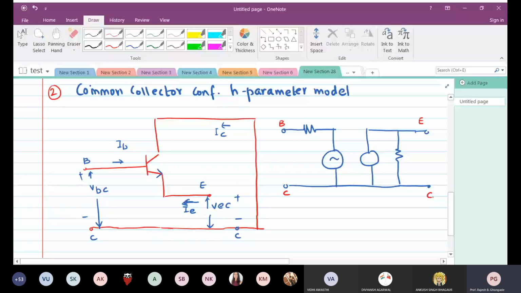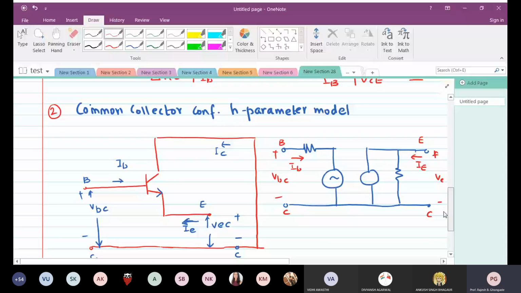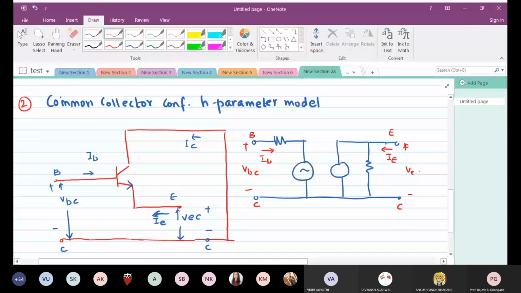The current flowing here is IB, the current flowing here is IE. Then I have the input as VBC and the output as VEC.